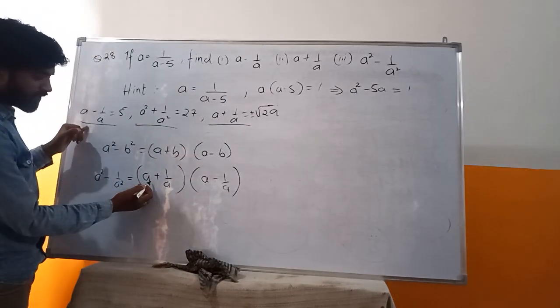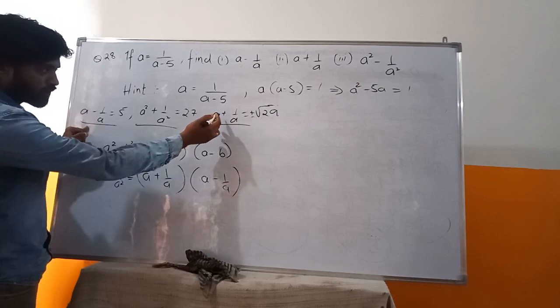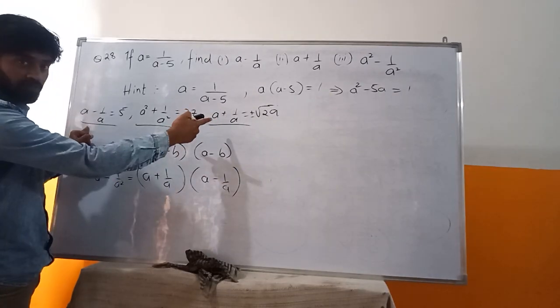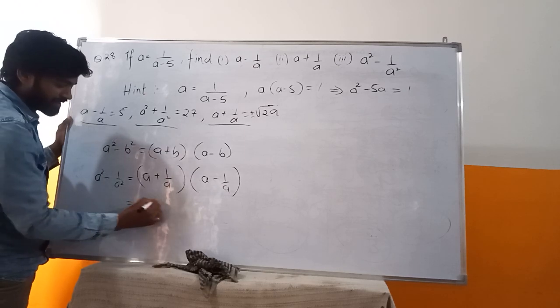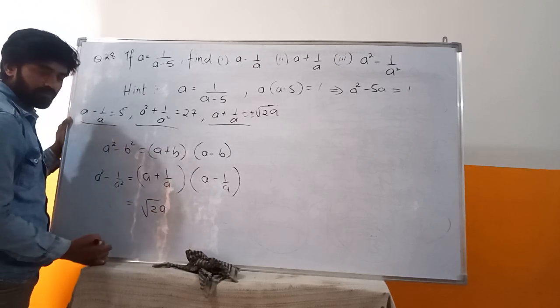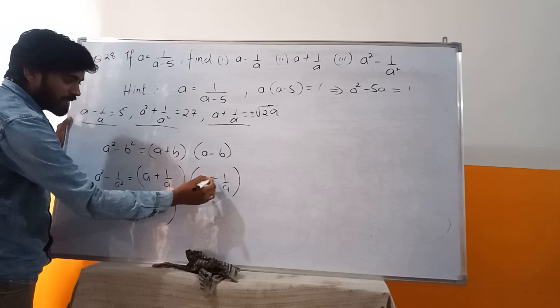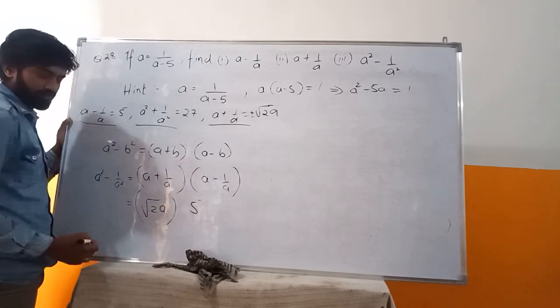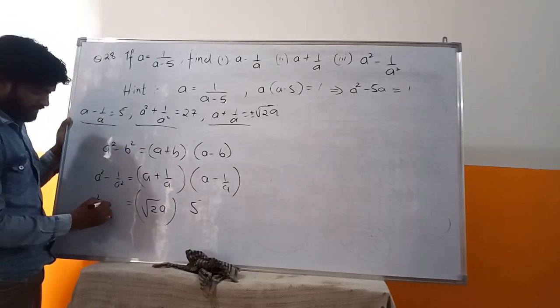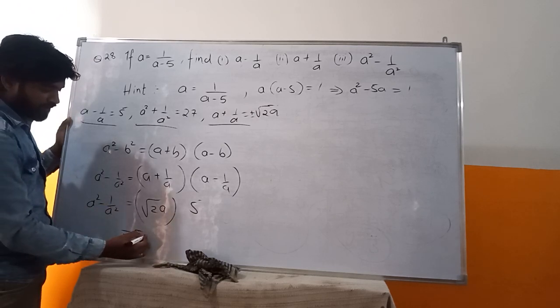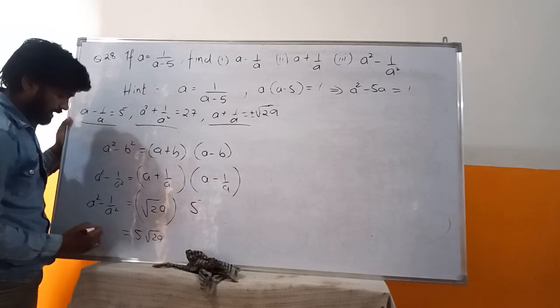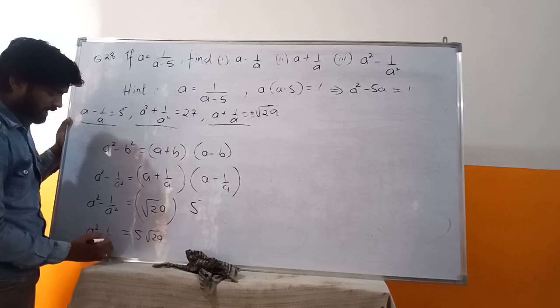Now I have the value of a plus 1 upon a. What is the value of a plus 1 upon a? You can see, it's root 29, and then a minus 1 upon a is 5. So I'm going to get the value of a square minus 1 upon a square. My value is 5 root 29. So this is my answer for the last part.